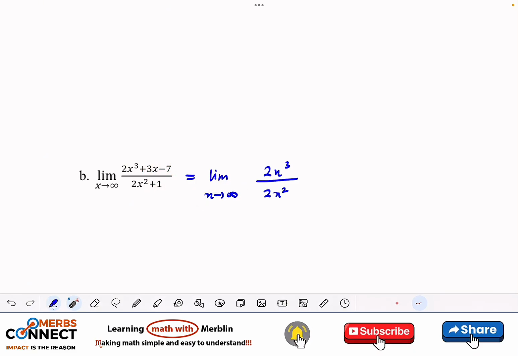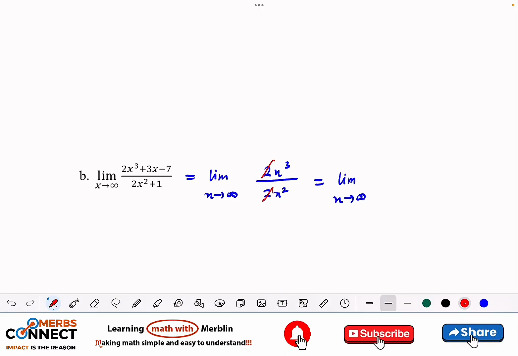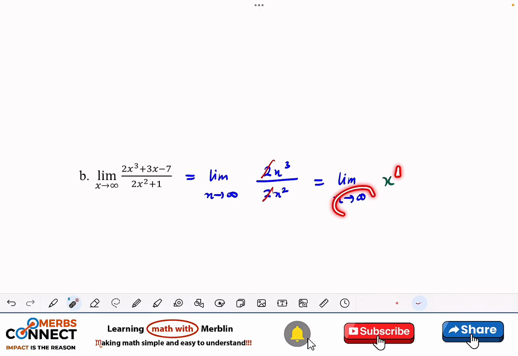So we can simplify this and we are going to have the limit as x approaches infinity. Now 2 will cancel 2, x squared will cancel with the x cubed, and it will be left with just x. This is odd, and since this one is positive, this will be equal to positive infinity.